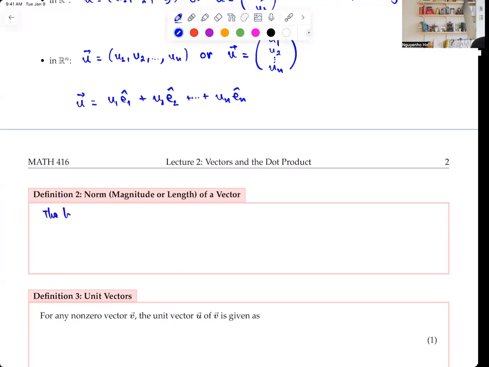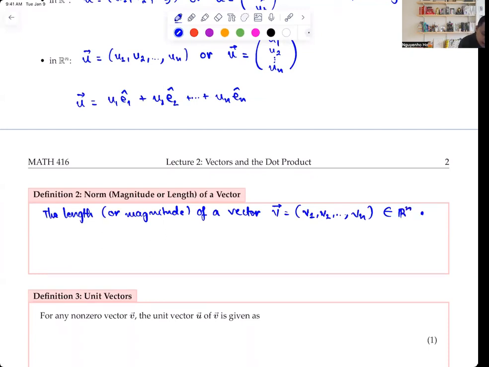The length or magnitude of a vector v equal to (v1, v2, up to vn) in Rn is written as the square root of v1 squared plus v2 squared dot dot dot plus vn squared. So that's how you find the magnitude of an n-dimensional vector.